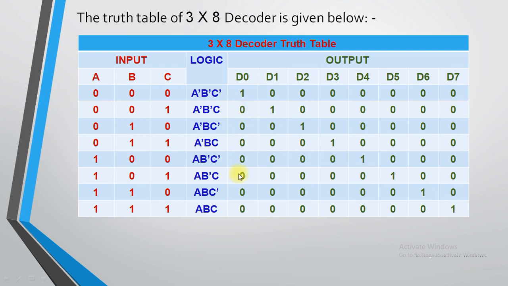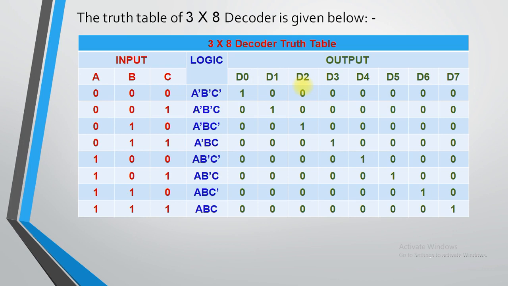The remaining values will be replaced by 0. So for the first combination A dash, B dash and C dash, D0 is the output. For A dash, B dash, C, D1 is the output. In this way you will get the output.